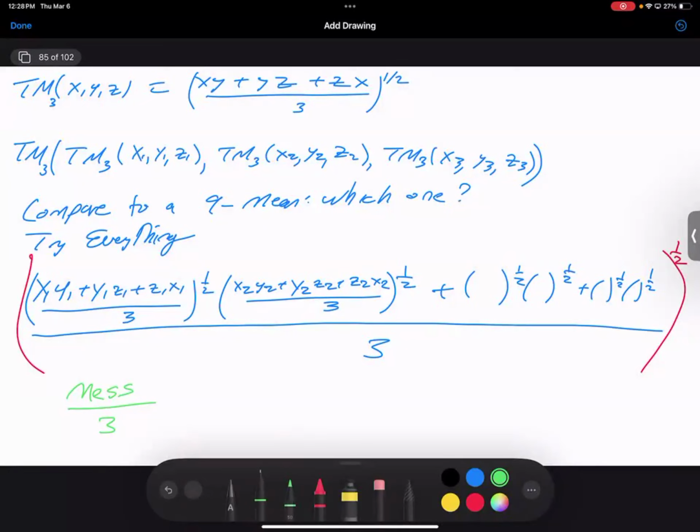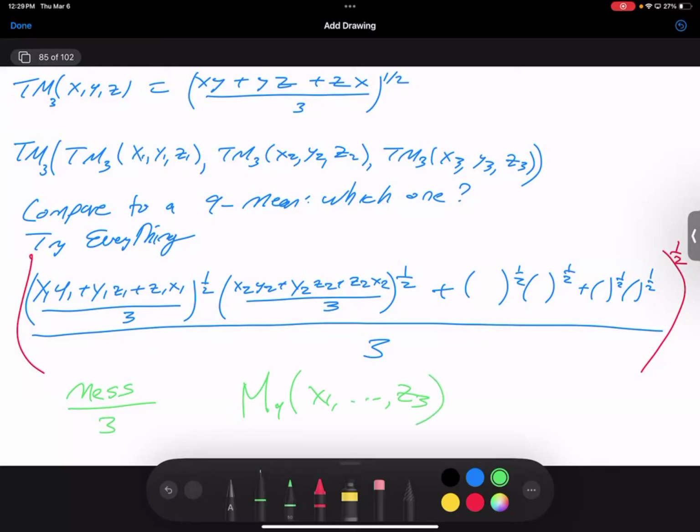It's building the same way the AM is. And so we have 9 possibilities to compare this to. 1, 2, 3, 4, 5, 6, 7. We have 1 person at home is 8, and I guess if you throw myself in, this 9. So each one of us could take a mean, do the comparison, right? So this is my question to you. Do you think that this equals some kind of 9 mean of x1 through z3?